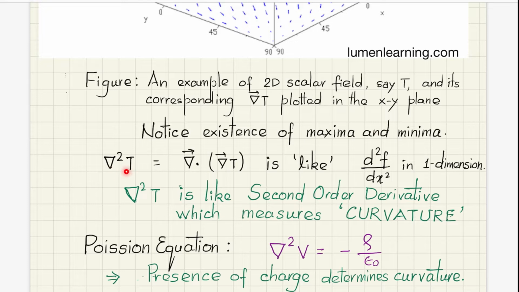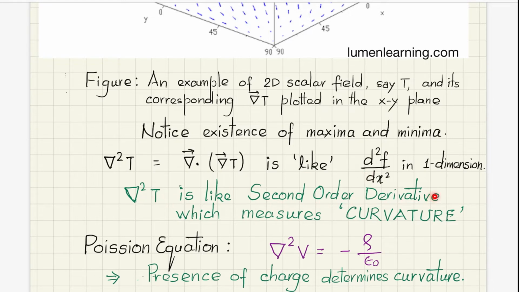And you can think of the Laplacian operator, as we know, as the grad of a scalar and then the divergence of the grad, as the example shows above. It's something like d square by dx square in one dimension. So del square V is like a second order derivative.